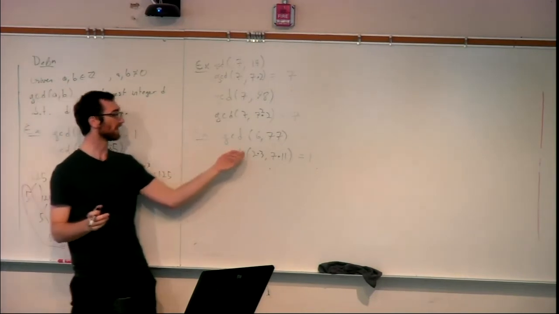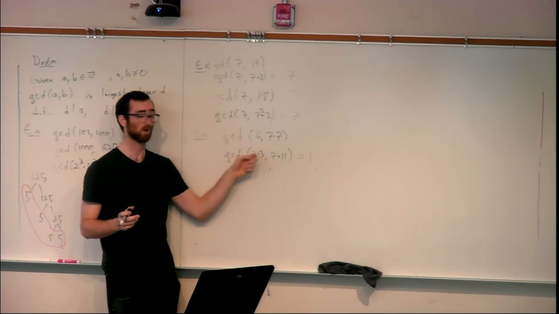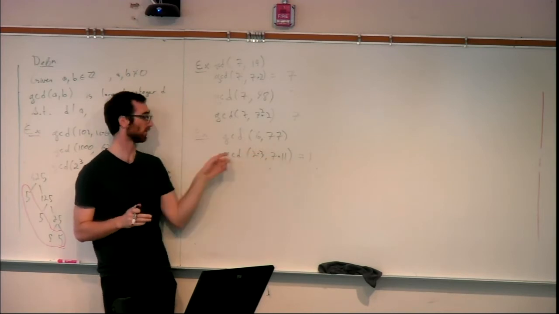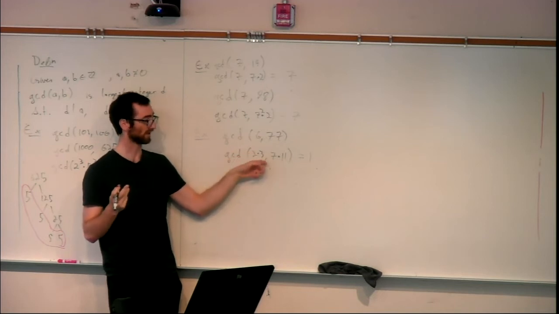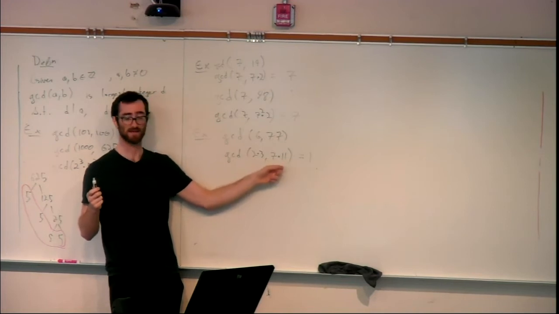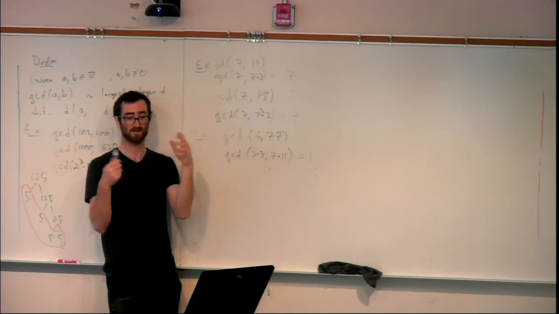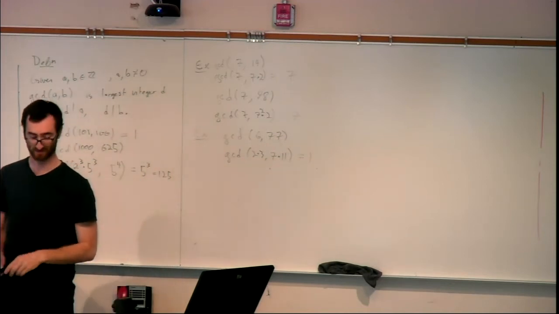Because any number that divides either of those numbers has to have at least one prime factor in common, right? What divides 6? Well, 1, 2, 3, and 6. What divides 77? 1, 7, 11, and 77. Since none of those are the same besides 1, 1 is the only thing that I can put for the greatest common divisor.